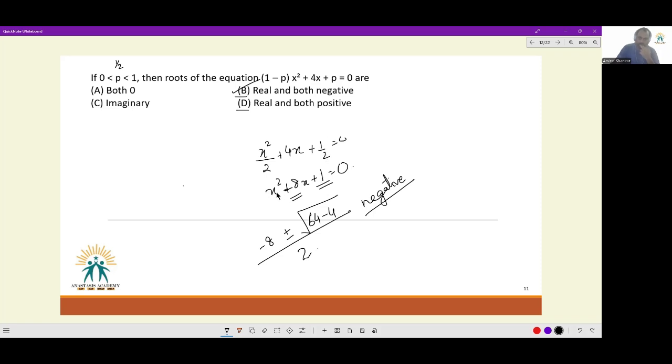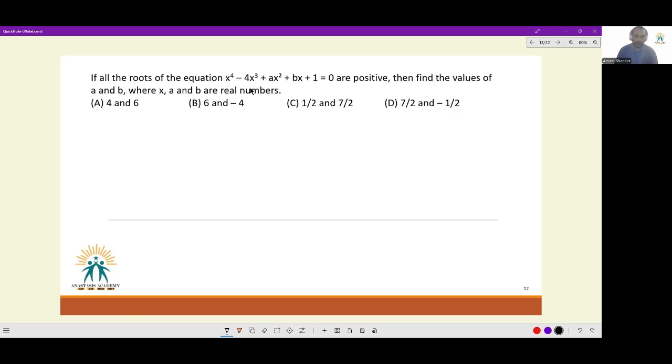Product of roots is negative? No, product of roots is positive. What am I doing? Product of roots is positive. Sum of roots is negative. So both the roots have to necessarily be negative. Then our answer will be option B. This has to be the answer. Okay. Next question then.